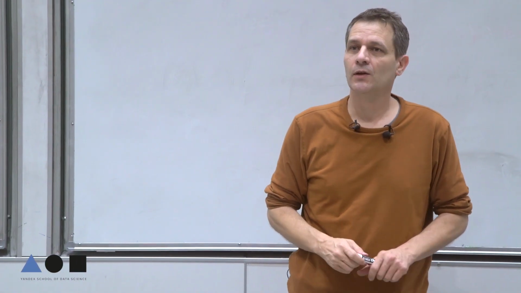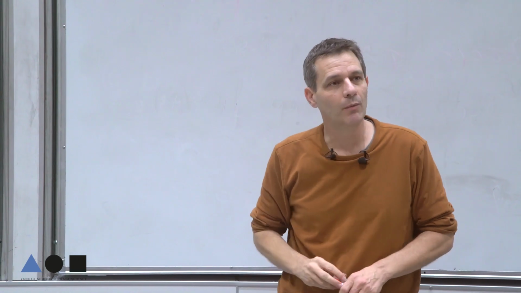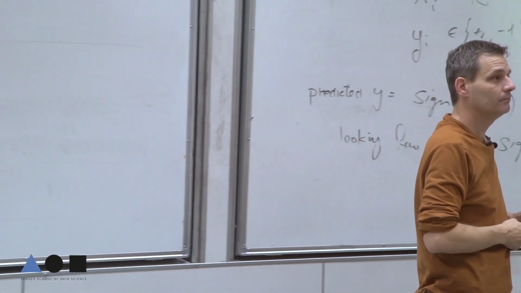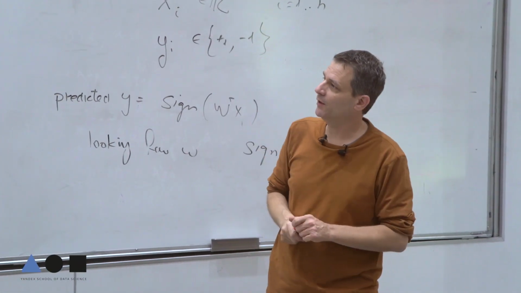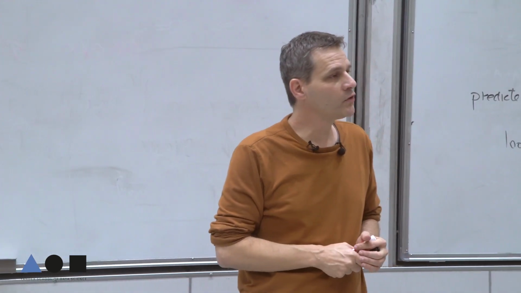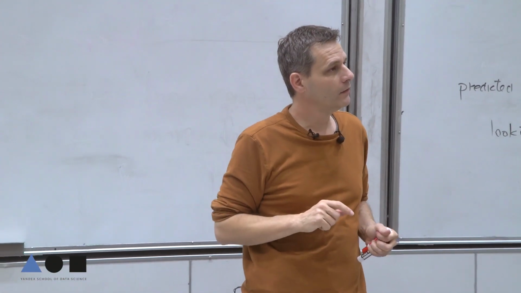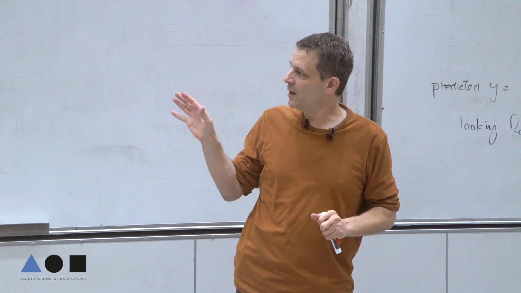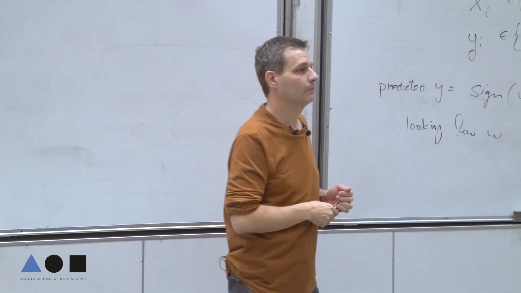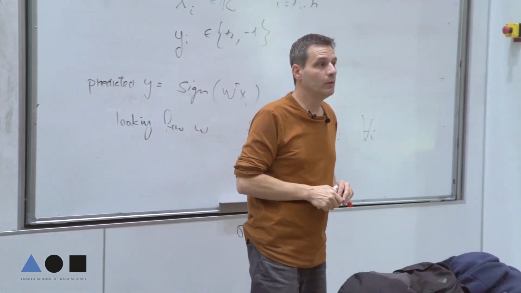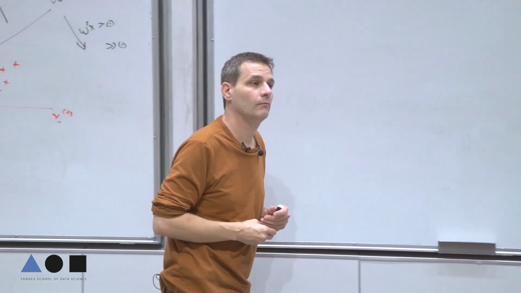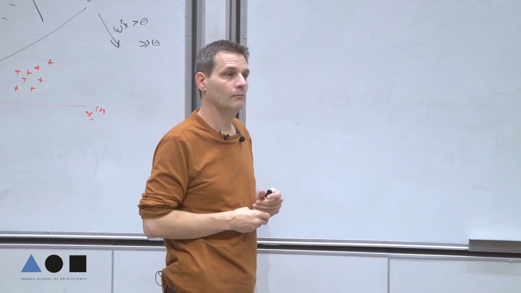What kind of loss would you like to use for this problem? Suggestions? Cross entropy. Cross entropy is a measure between distributions, and here I did not define a distribution. Mean squared error between what and what? What I would expect the labels to be and what the labels actually are.